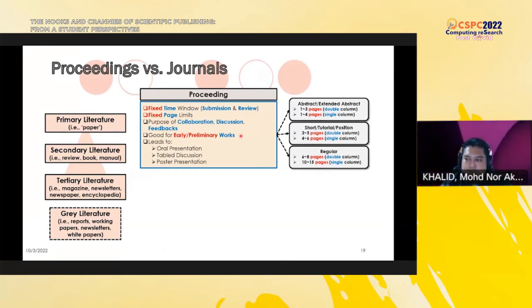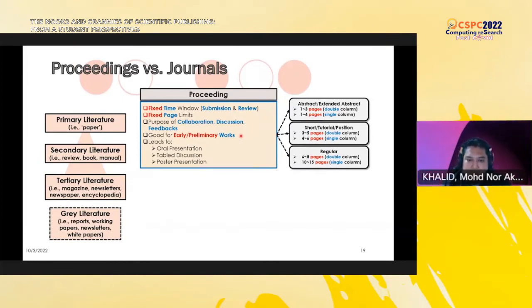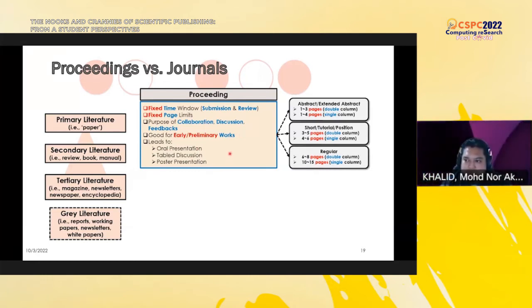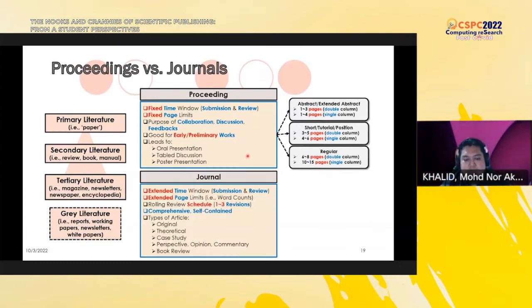You're stuck, you don't know what to do next. So maybe publishing in proceeding will help you get feedback, like oral presentation, poster presentation. I think you had virtual poster presentation in the previous session. If you publish a poster presentation, it helps you get feedback and improve your work.